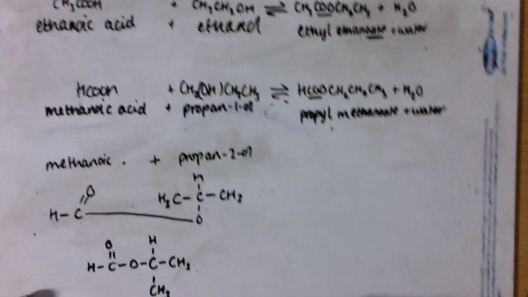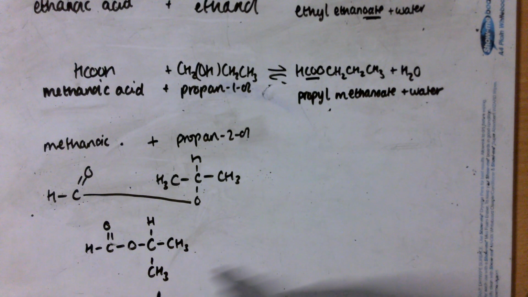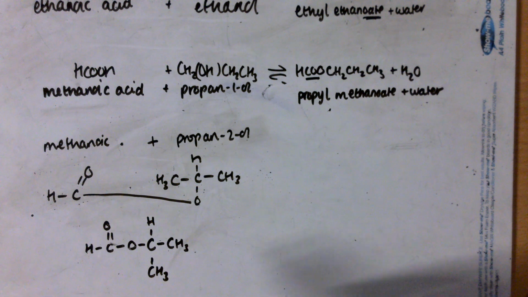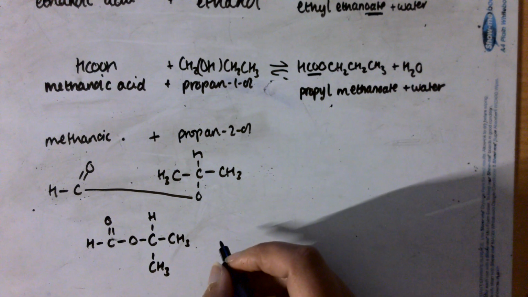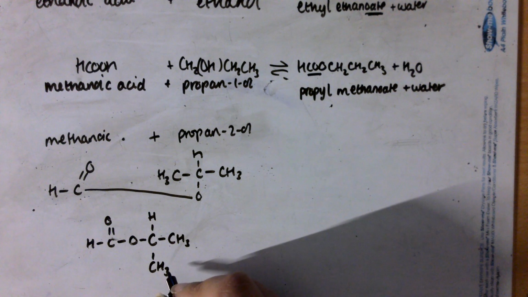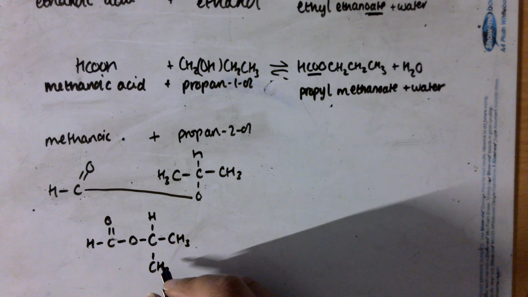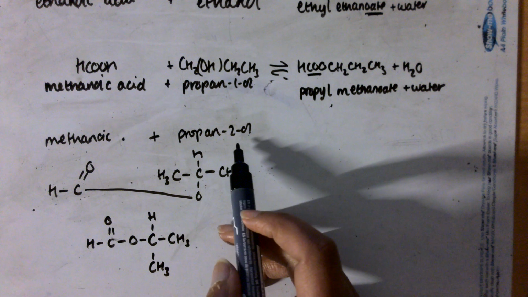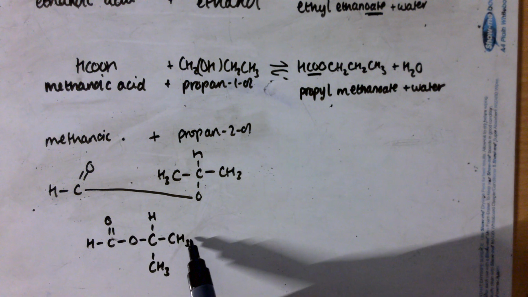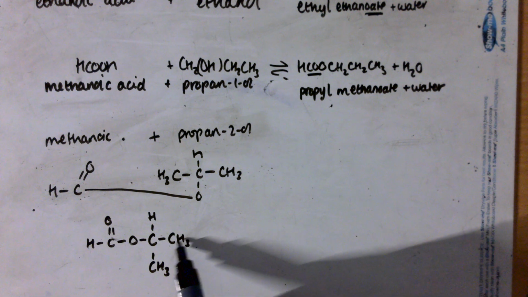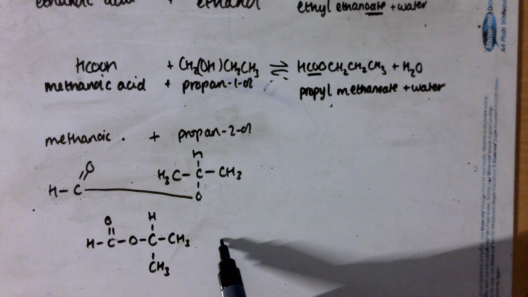This now looks a lot more manageable in terms of naming and drawing out, but it's a little bit more challenging. So if I had to name this, well, I can say that the alcohol it's from was propan-2-ol, but really this doesn't look like a propan-2-ol anymore, because I don't have three in a straight chain.